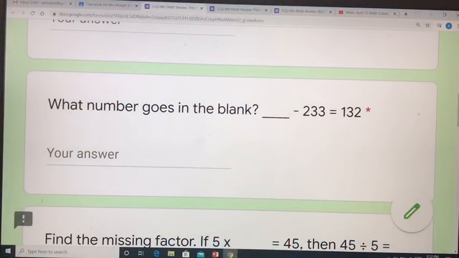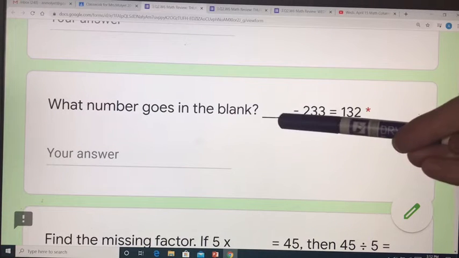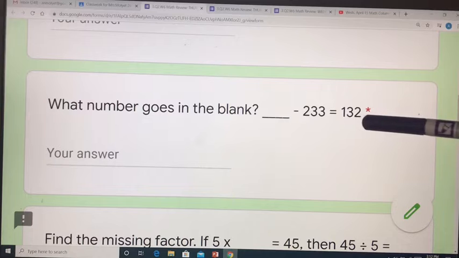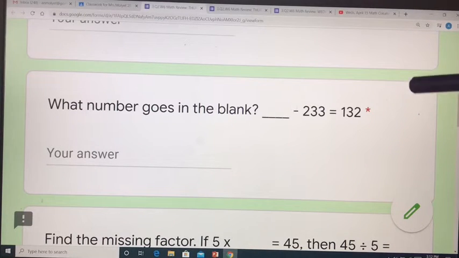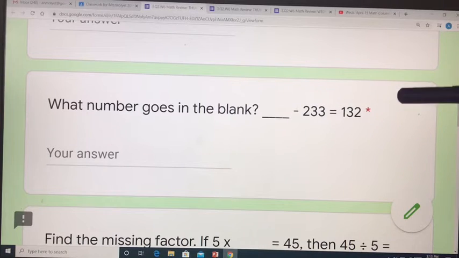All right, we have problem number 2. What number goes in the blanks? We have blank minus 233 equals 132. To get this, I can go backwards, and I'm going to do the opposite. Since this is a subtraction, if I work it backwards, the opposite, I'm going to add.